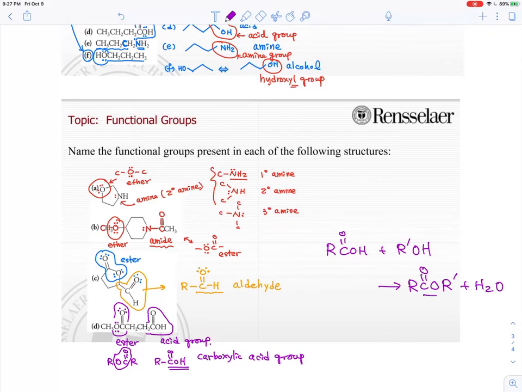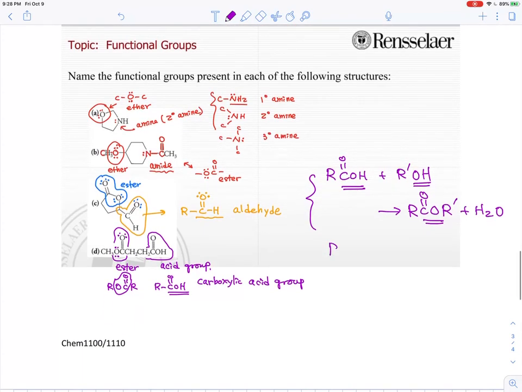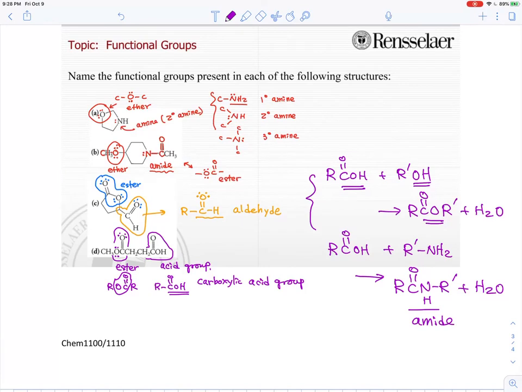So the ester is formed from the carboxylic acid and the alcohol. Second, when the COOH, carboxylic acid, reacts with NH2, a primary amine, you will have CONH with an R prime, and there's an amide bond that you see. This is an amide, and this is an ester.